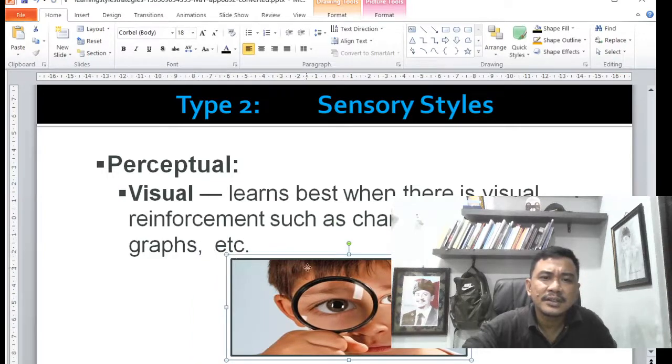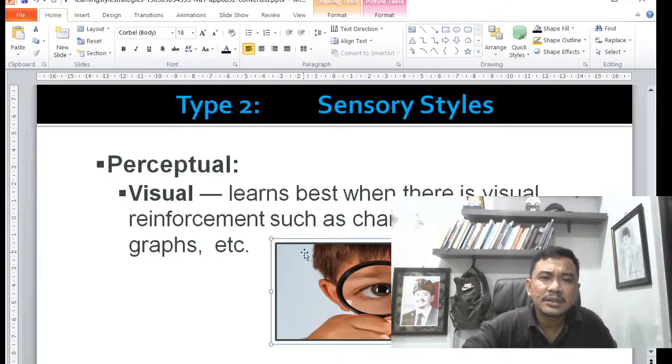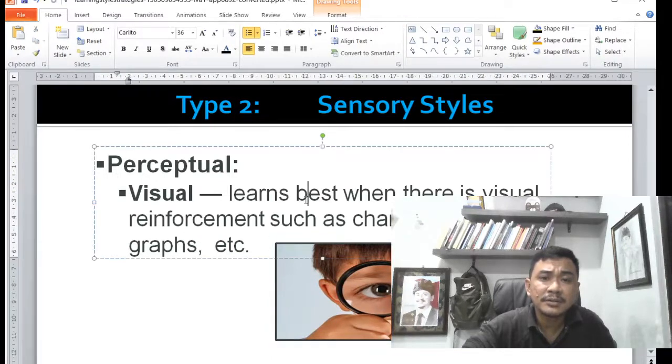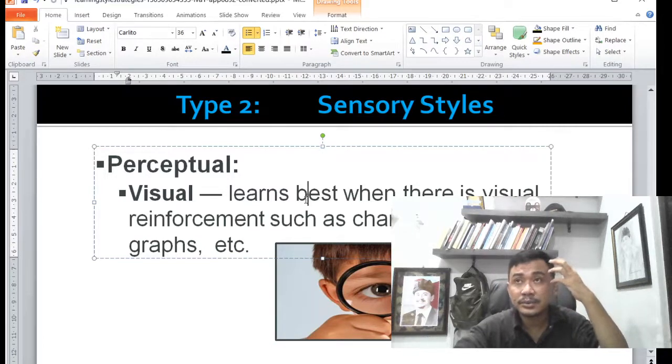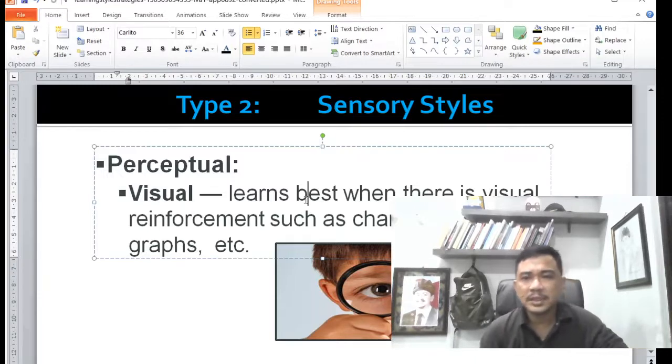They prefer to learn from charts, pictures, graphs. They like visual. They like their eyes to engage in that activity. This kind of student prefers visual, like you can use PowerPoint, video, or anything.